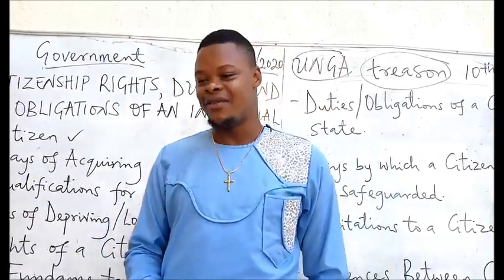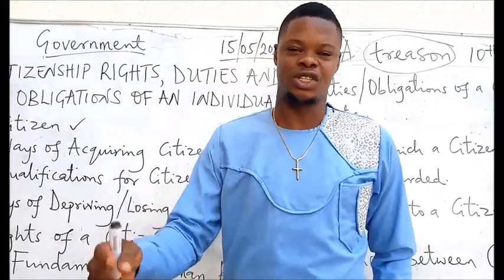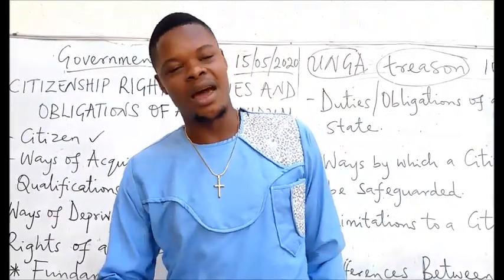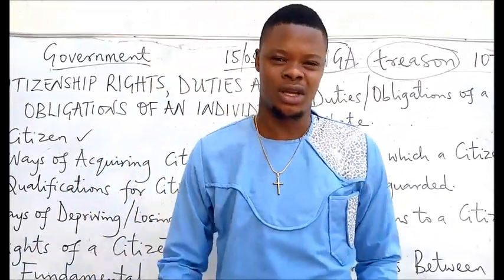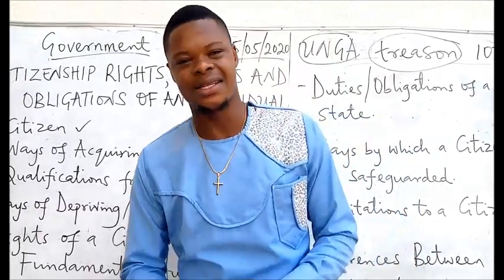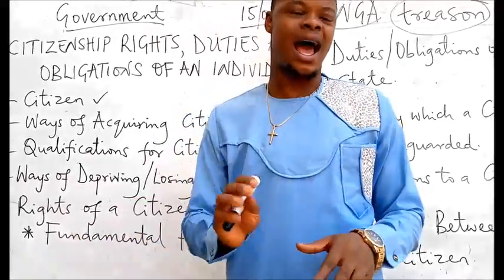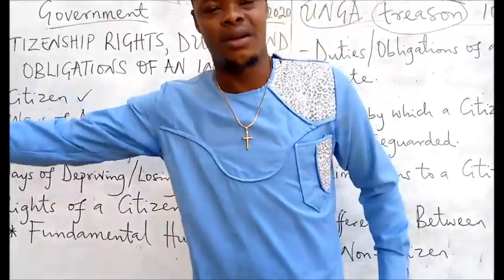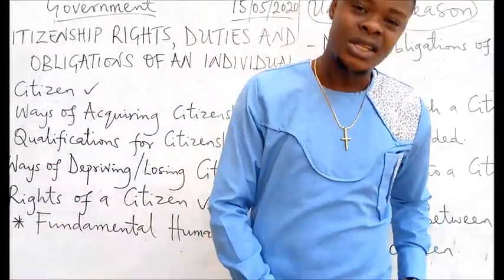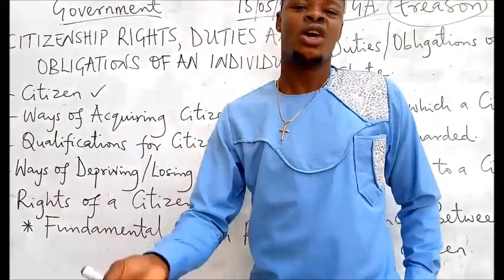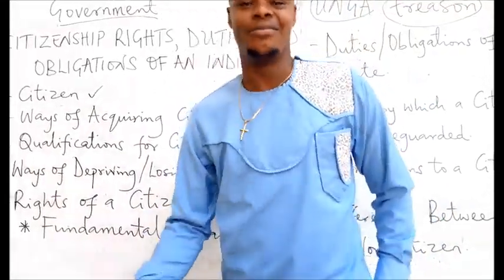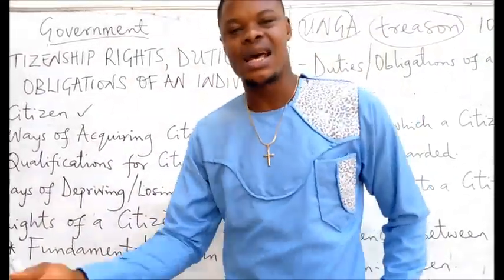So another right of an individual is freedom of speech or expression, and then freedom of press. They go together. So everybody has right to say what he or she likes, as far as you don't trample on the right of the other. You have right to praise the government. You have right to criticize the government. You have right to criticize an individual.